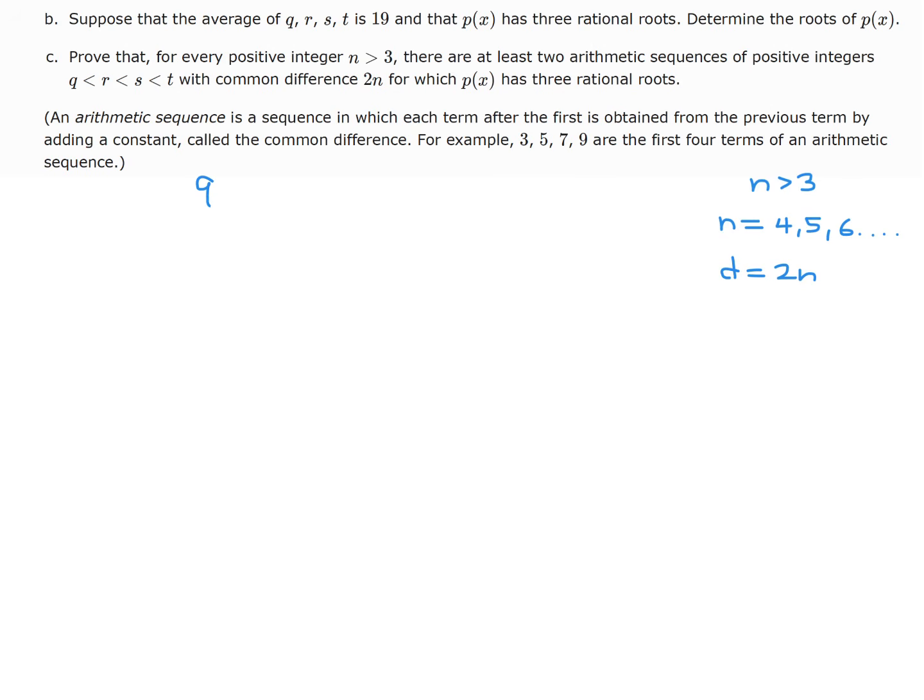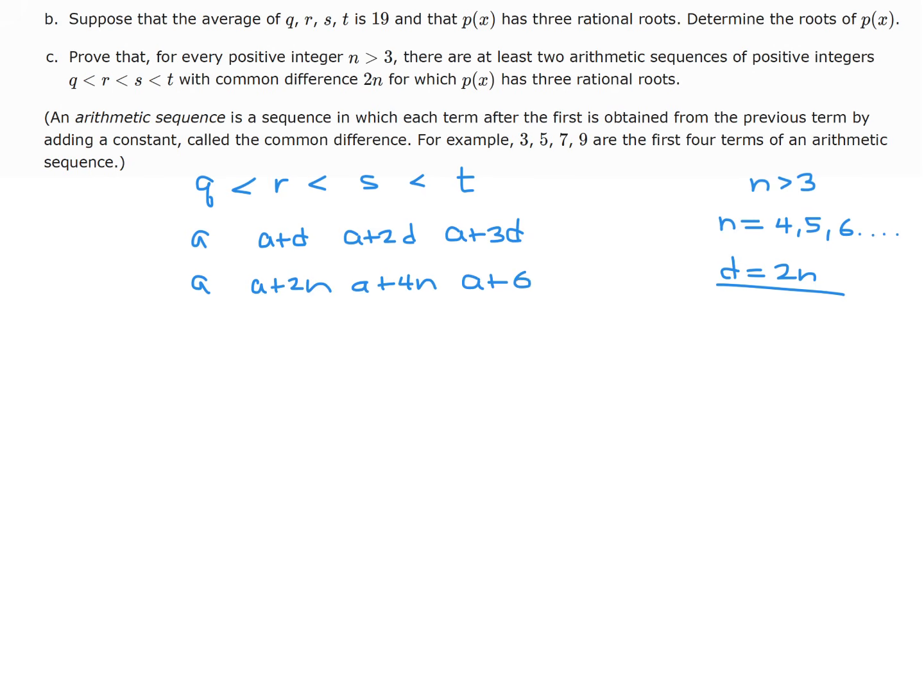So Q, R, S, and T, these are the players. And then before I had set them as A plus D, A plus 2D, and A plus 3D, right? But they're telling me that D is equal to 2n, so then that's going to be A plus 2n, A plus 4n, A plus 6n, correct? Yeah.